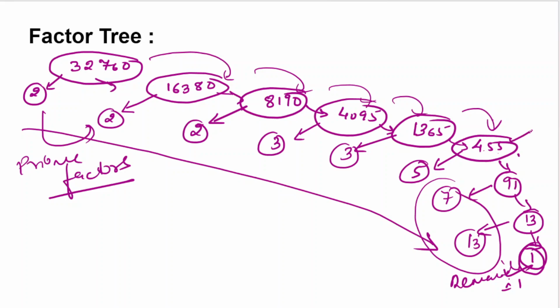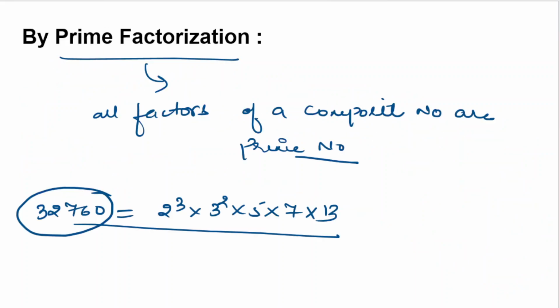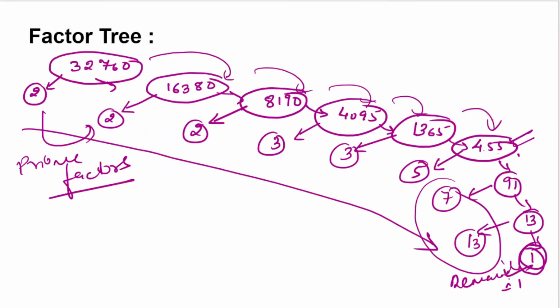You can find it easily. So you can factor a composite number in 2 ways, either by prime factorization or by a factor tree. The representation is different. In prime factorization, we represent it in the form of powers, whereas in the factor tree, we simply divide our number by its prime factors so that we get a hierarchy, which is known as a factor tree.